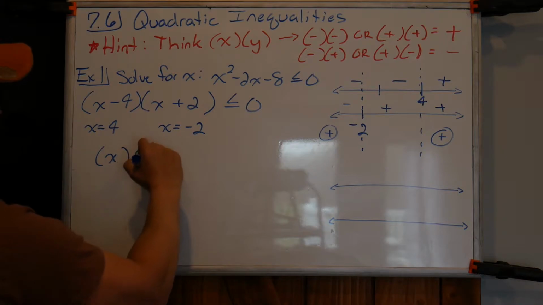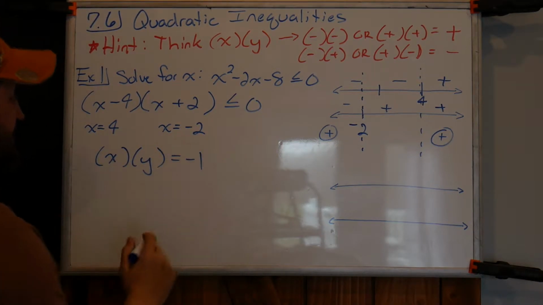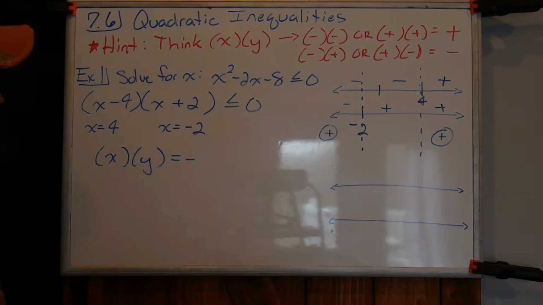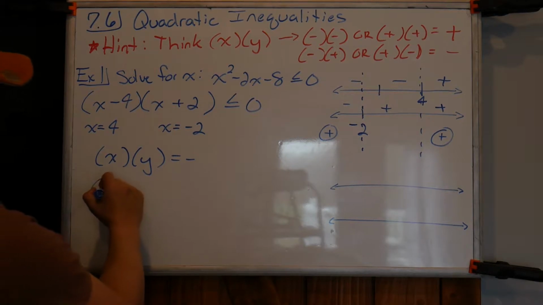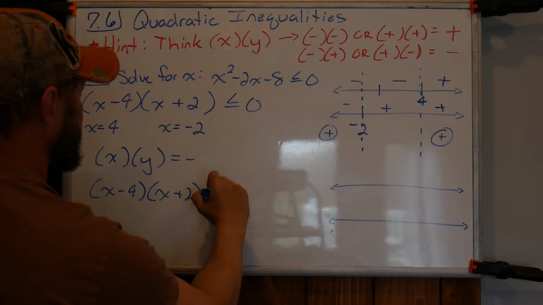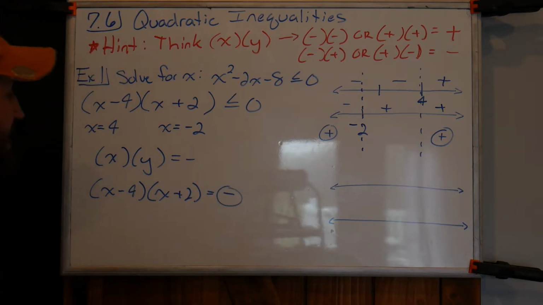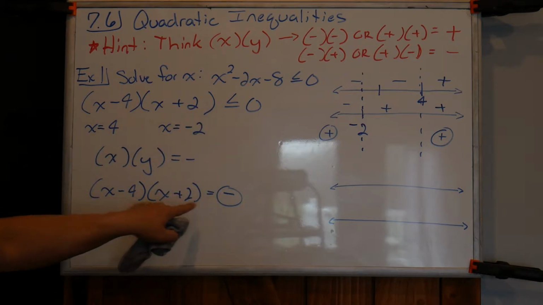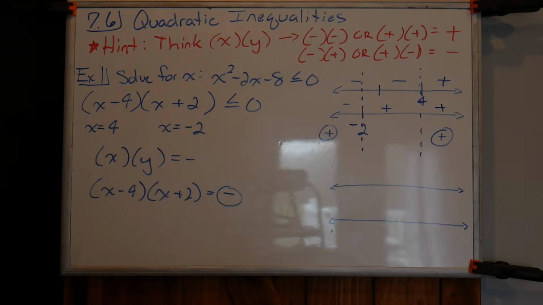So this times this has to equal a negative. Because a negative is less than or equal to 0. So that means my x minus 4 times my x plus 2 has to be negative. Those two multiplied have to be negative.